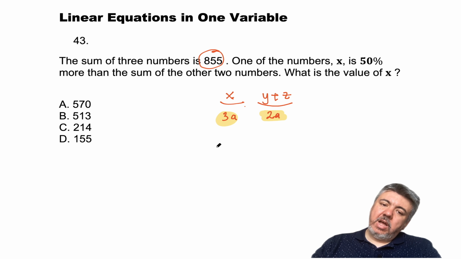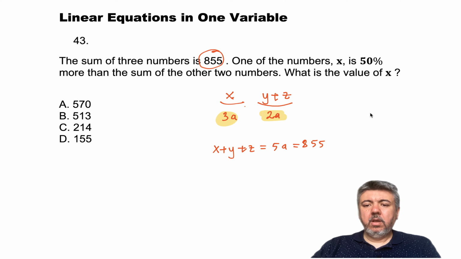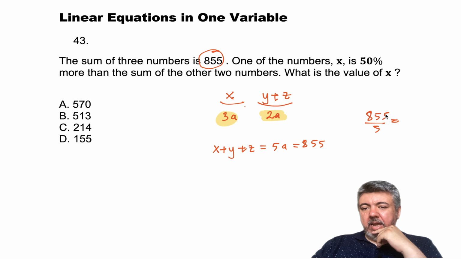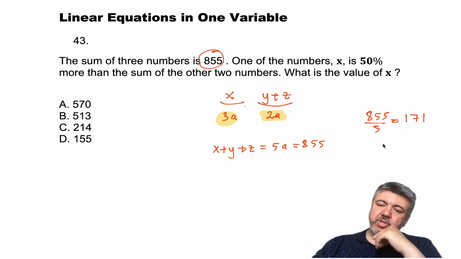So their total sum, x plus y plus z, is 5a, which is 855. 855 divided by 5, it looks like 171, which is a.